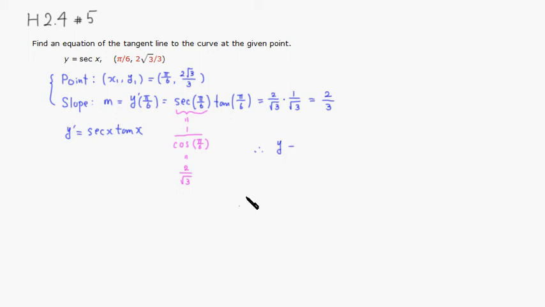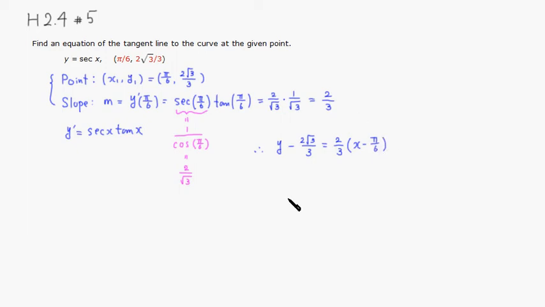Therefore, the equation of the tangent line would be y minus y1, so y minus 2 square root of 3 over 3, is equal to m, which is 2/3, times quantity x minus pi over 6.